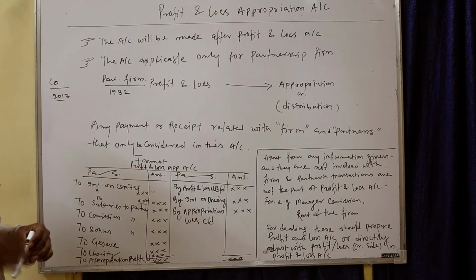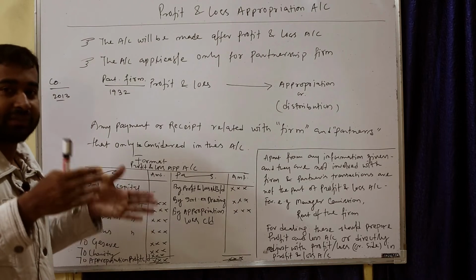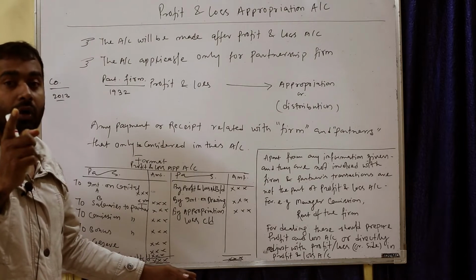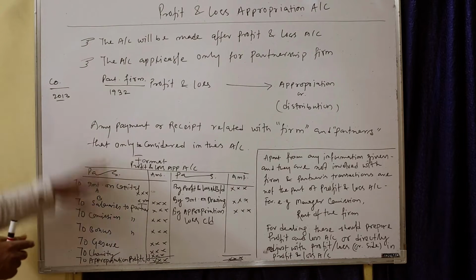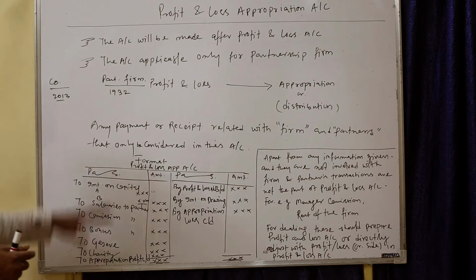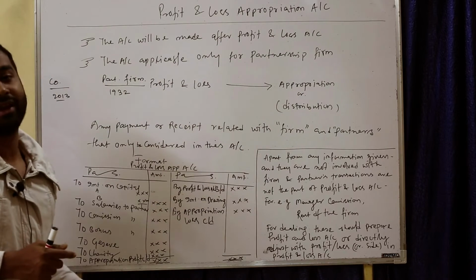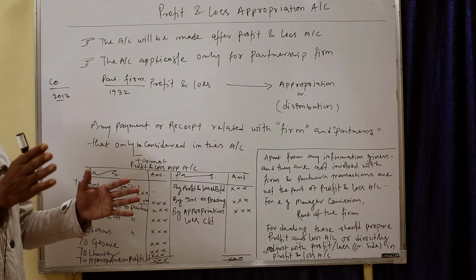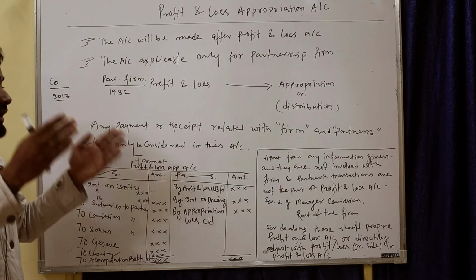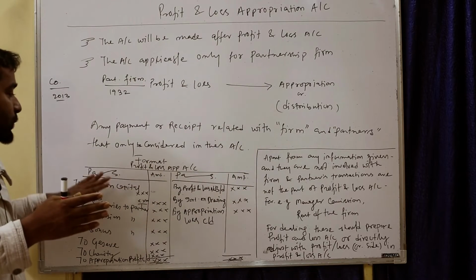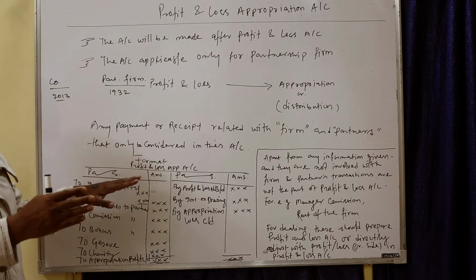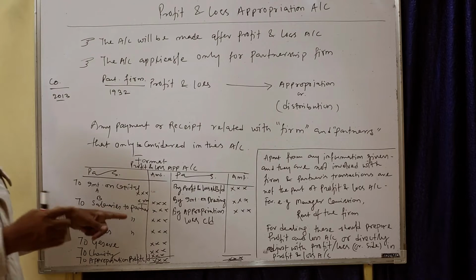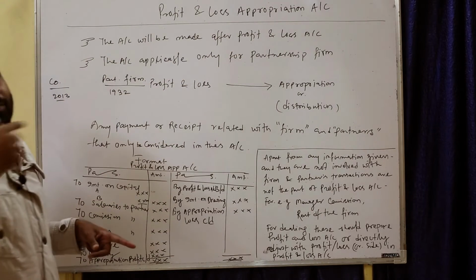This is a nominal account, so all the expenses and losses of the firm come under the debit side, and all the incomes and gains come under the credit side. The main point I already told you: any transaction related to the firm and partners should be considered here. Any other transaction is not part of the profit and loss appropriation account; it should be part of the profit and loss account or the balance sheet.